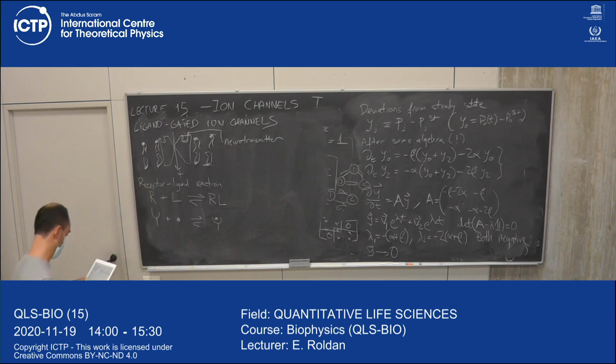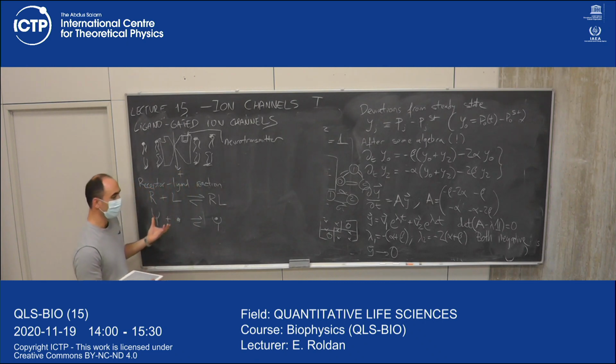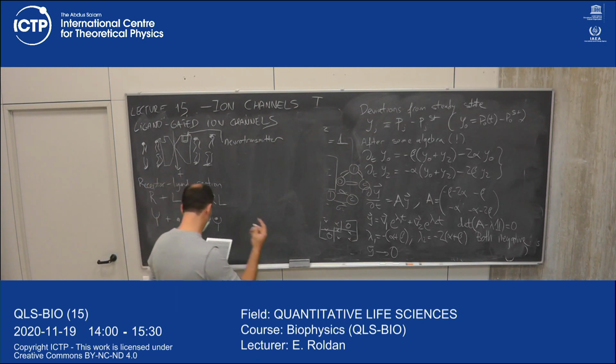Okay? And you can think about this as a chemical reaction in which if you are in equilibrium, the concentrations of the reactants and the products have a relation. So you can think about it in equilibrium.